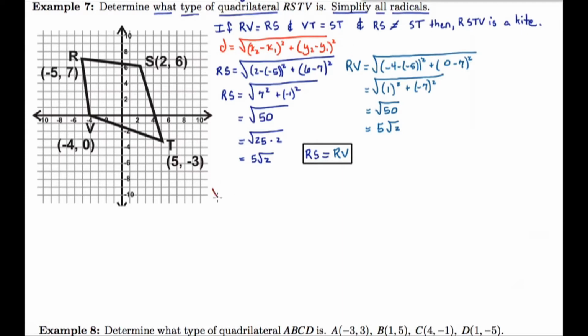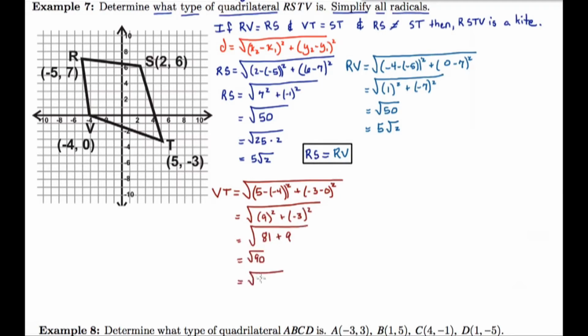Now we need to prove that VT and ST are congruent. So I'm going to substitute the coordinates into my distance formula, and I get root 90, which simplifies to 3 root 10. And the distance between S and T I'm going to find now.